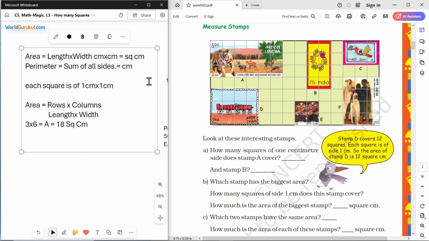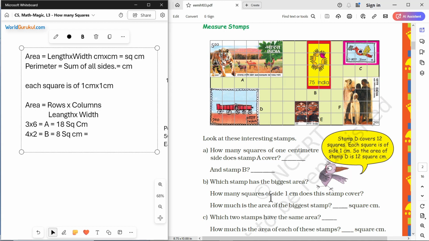Right? Stamp B, how many rows are there? 1, 2, 3, 4 by columns 1, 2, 2 columns. So the area of B is 8 square centimeters, means it's occupying 8 blocks. Next question.